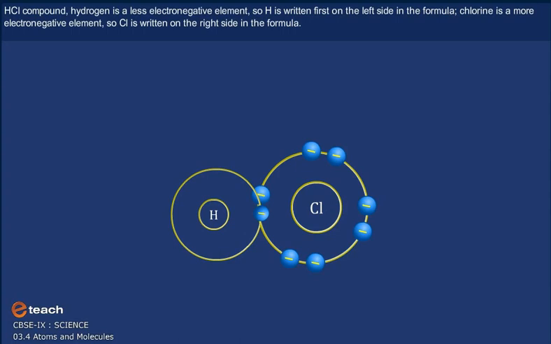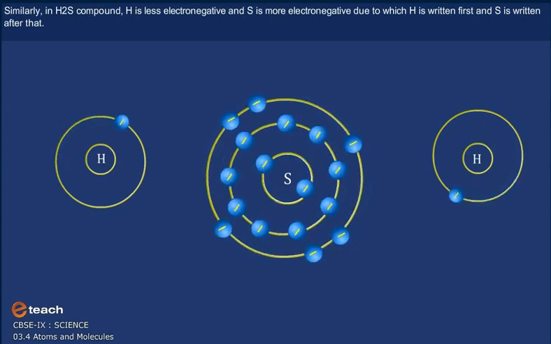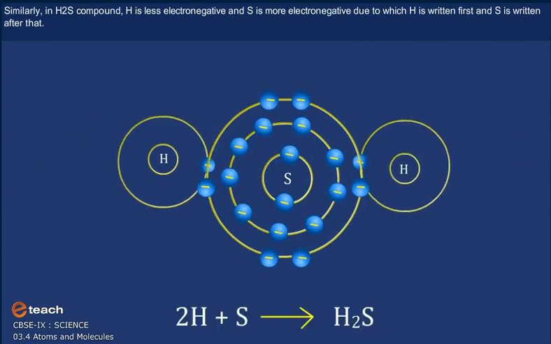Chlorine is a more electronegative element, so Cl is written on the right side in the formula. Similarly, in the H2S compound, H is less electronegative and S is more electronegative, due to which H is written first and S is written after that.